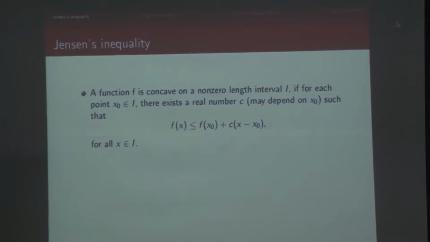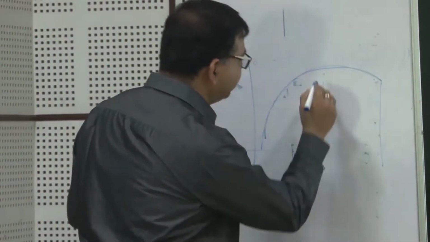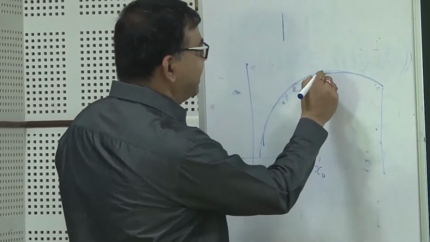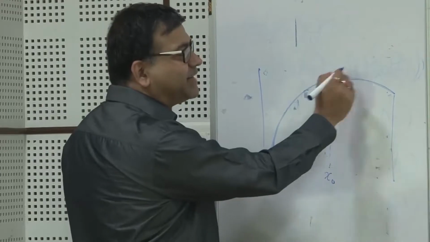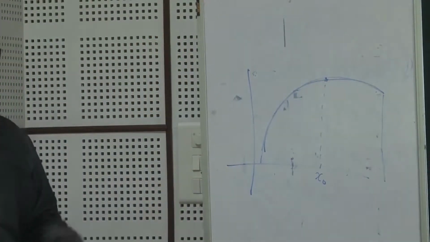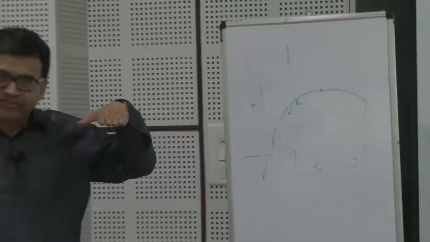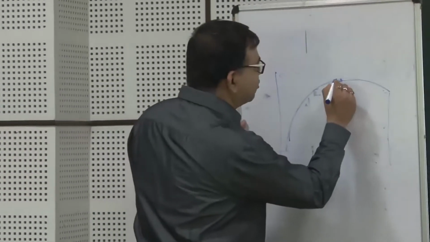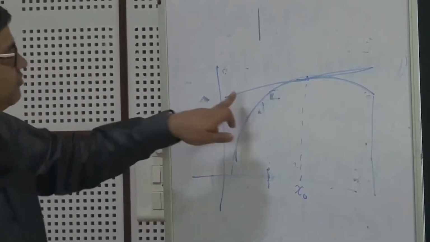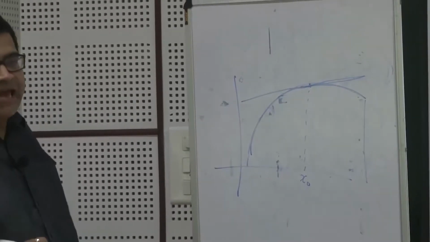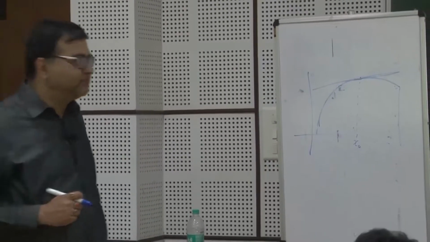Let us just take a point, this is my x naught. So, f of x naught will be this one, f of x naught plus c times x minus x naught. What is c times x minus x naught? It is a line passing through x naught. So, I can always draw a line passing through this x naught. This will be my f of x naught plus c times x minus x naught, correct?